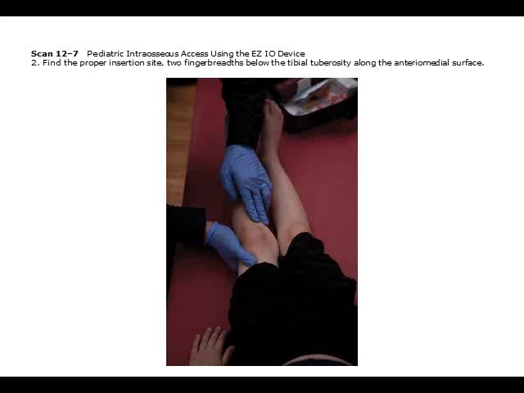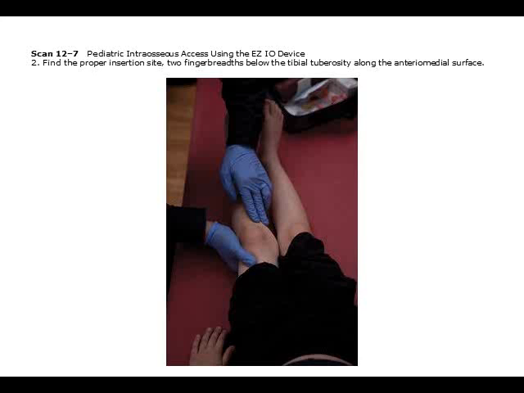So if you bend their knee a little bit, you're palpating your knee. There's a knobby end of that knee right below the kneecap. That flat spot below that knobby part is where you're going to go with this needle. So you can see where his fingers are placed about right. Everybody find that on yourself.